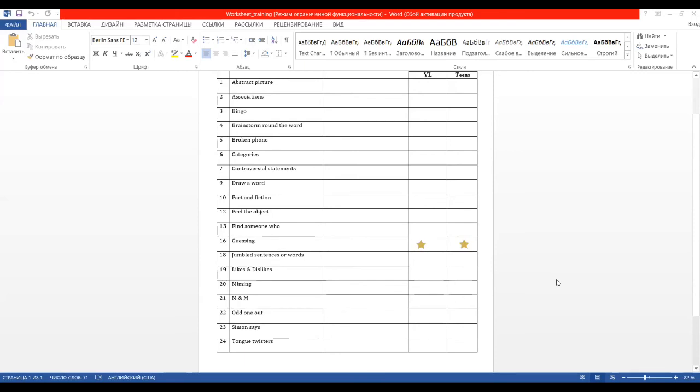Probably sentences are mostly for teenagers and words are for young learners. I tried it in my previous semester, and students love it. First, it was very difficult to understand what the word is, but when I helped them with the first one, it was like a piece of cake for them. They did it very fast, and they really love this activity.